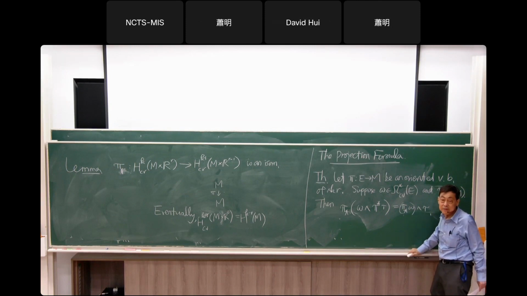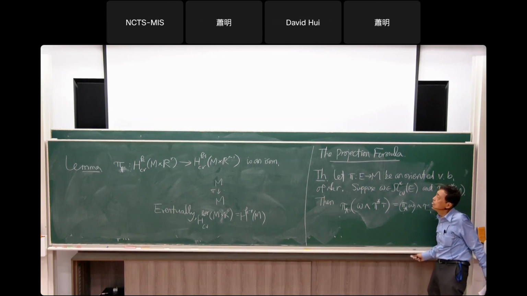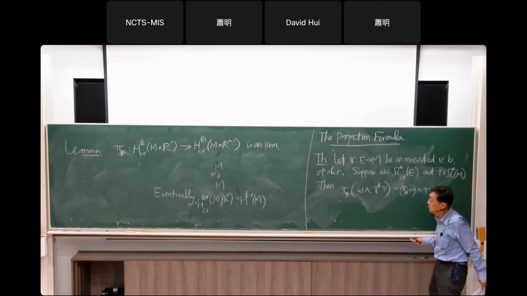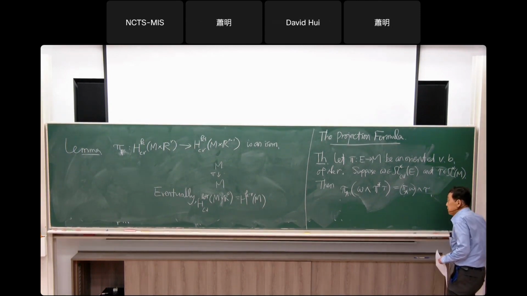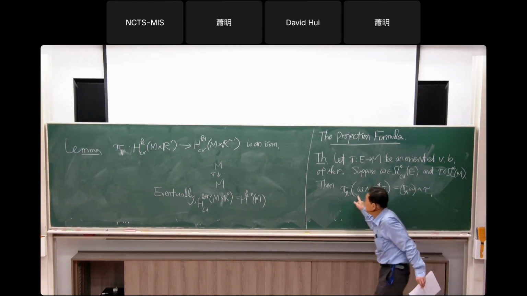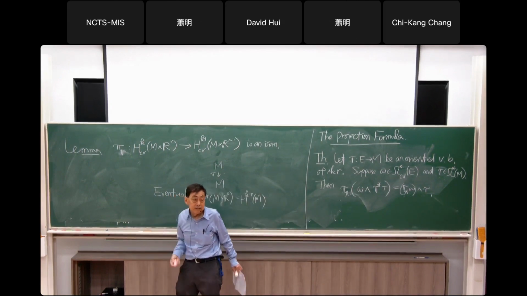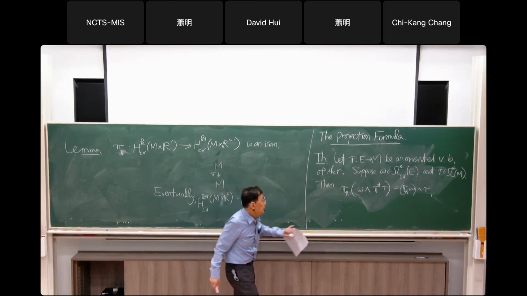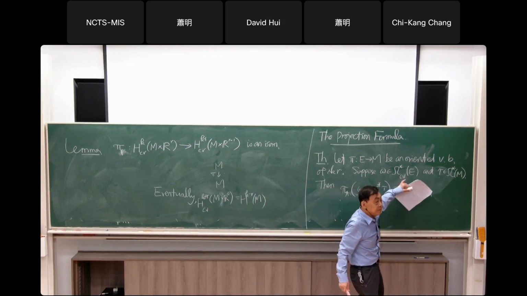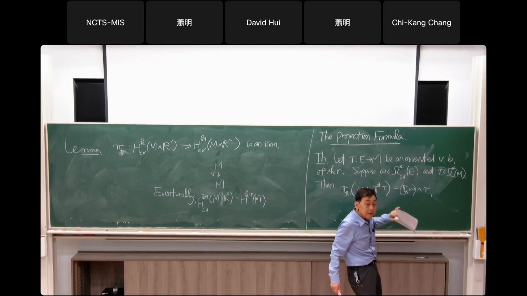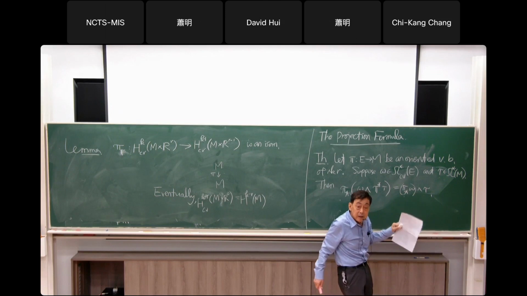Okay, that's the projection formula. It's a very useful formula. You know, in here, omega is the form with dt in it. It's upstairs. Tau has only the x's.